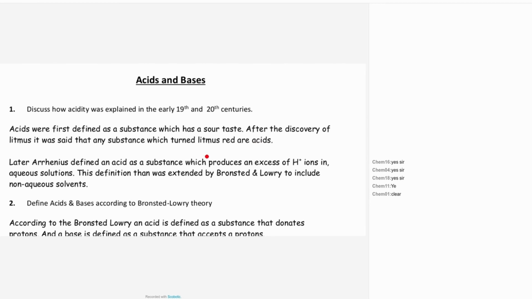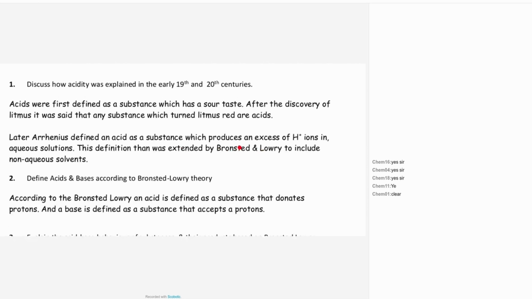So the Bronsted-Lowry theory includes the non-aqueous solvents as well, because Arrhenius said any substance which gives H+ ions in aqueous media is an acid, but this definition was further extended by Bronsted and Lowry to include non-aqueous solvents.